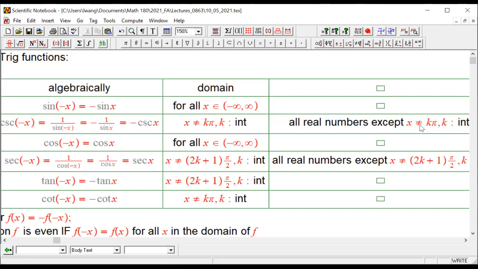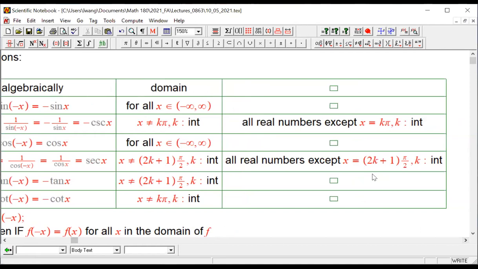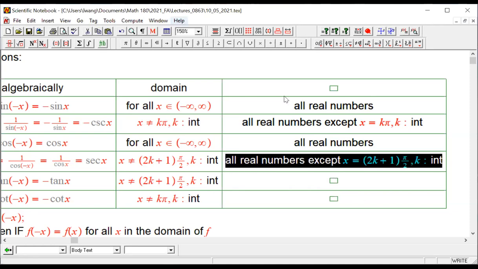I think the except is this would turn into equal, right? Would that be proper grammar-wise? Yes? So this will be all real numbers. And here, the same thing: all real numbers except.